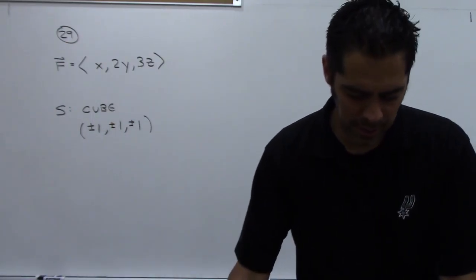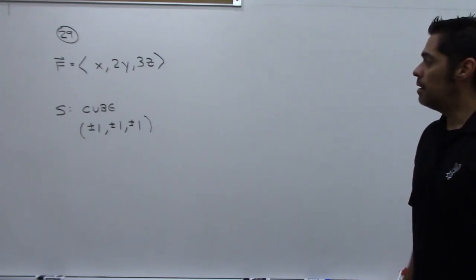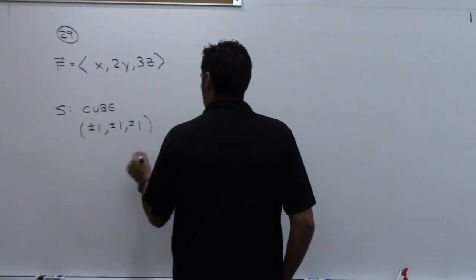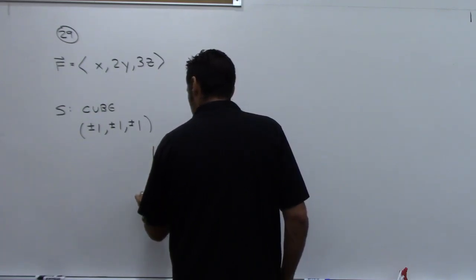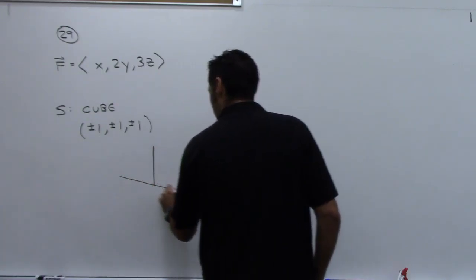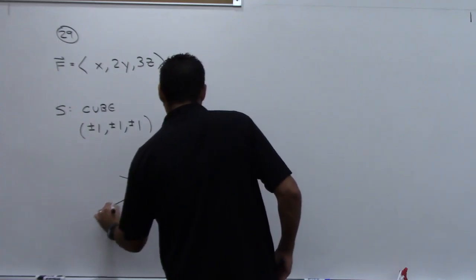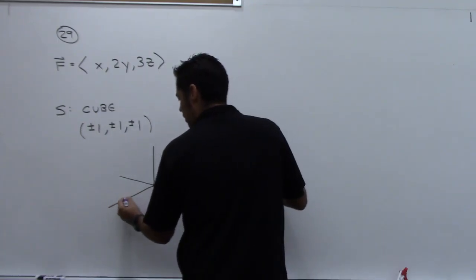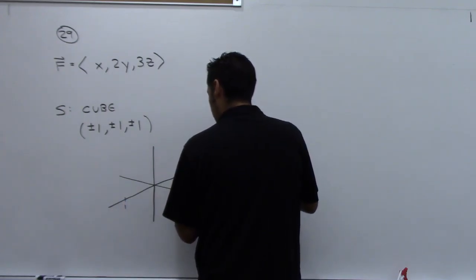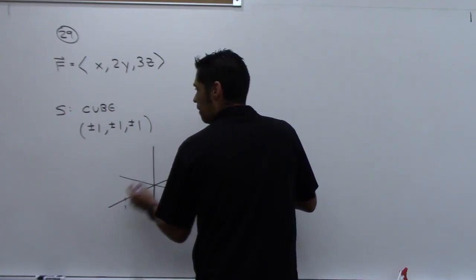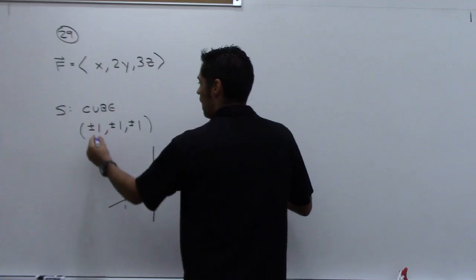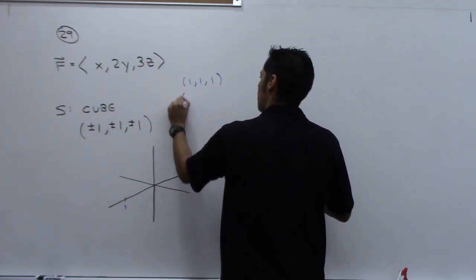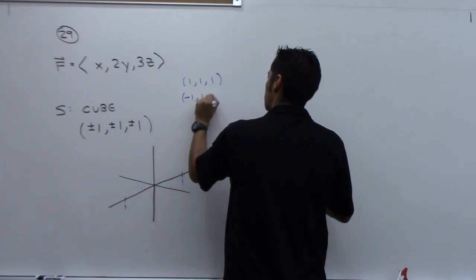So we have actually all these different combinations of these points. So let's take a look here. This is our x, so if we do 1 and -1, let's imagine we have 1, 1, 1. We can have -1, 1, 1.